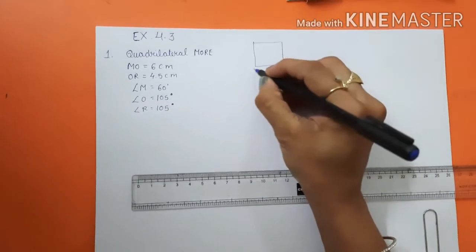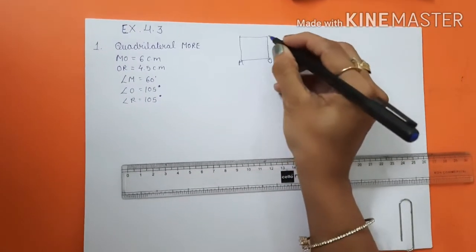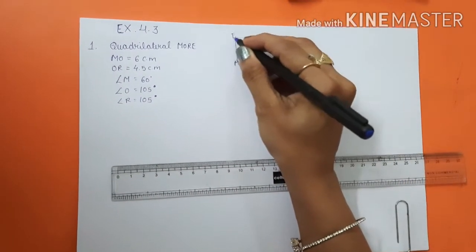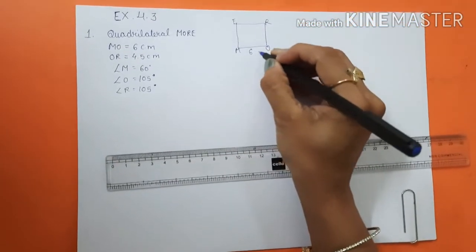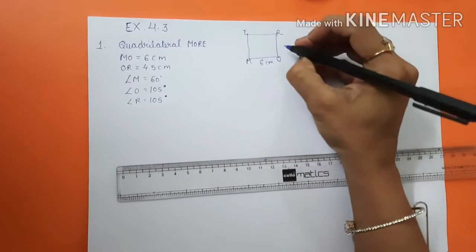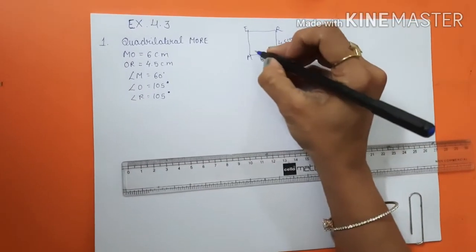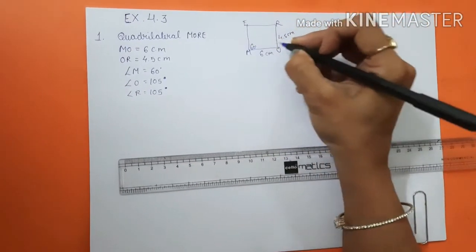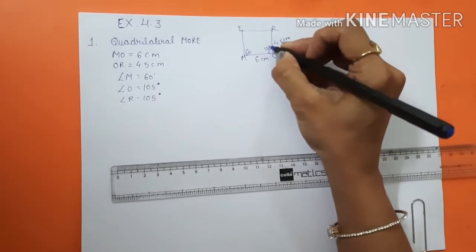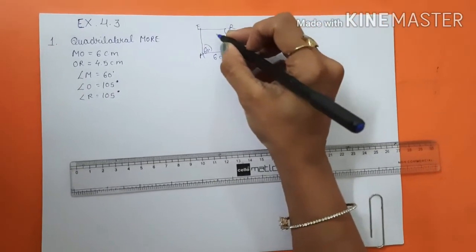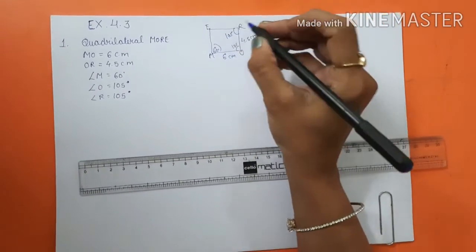This is the rough figure MORE, where MO is given 6 centimeter, OR is 4.5 centimeter, angle M is 60 degree, angle O is 105, angle R is 105 is given.